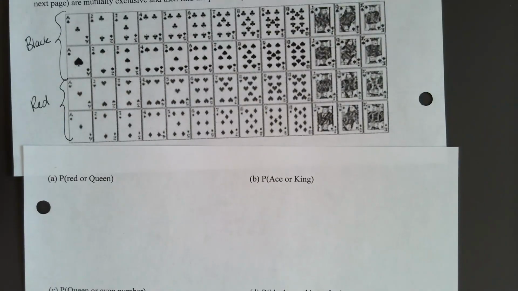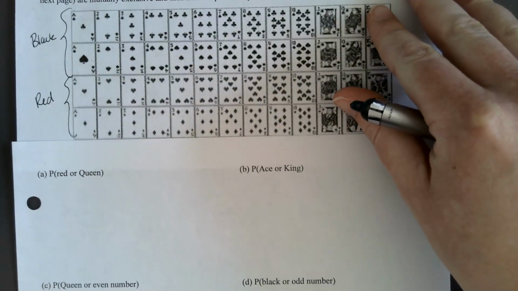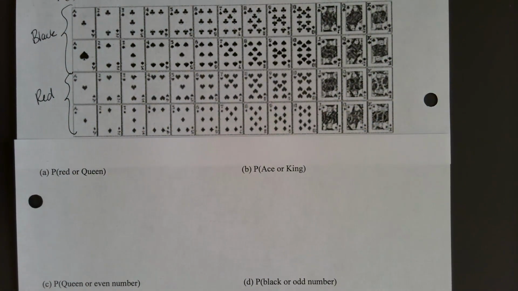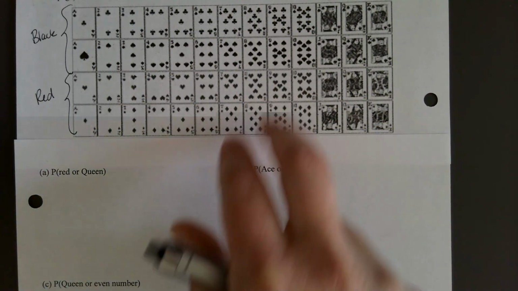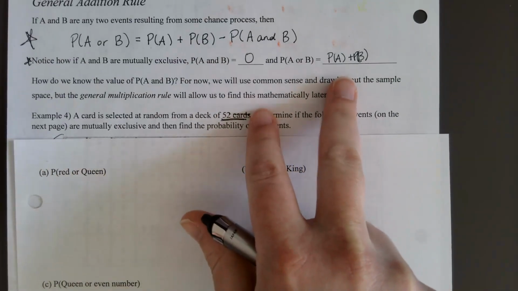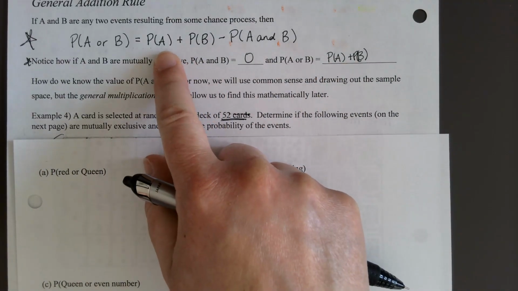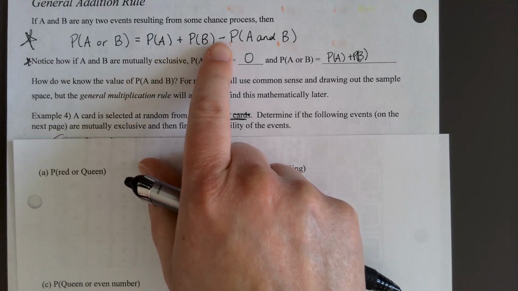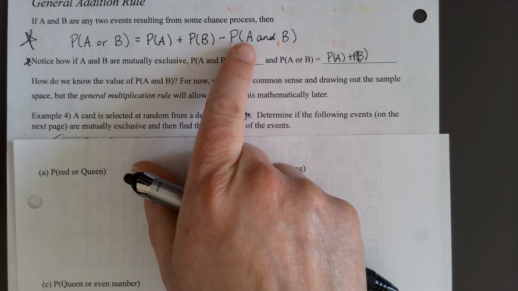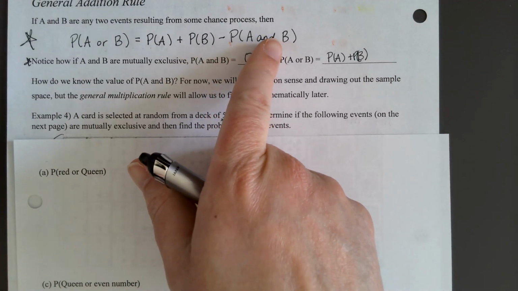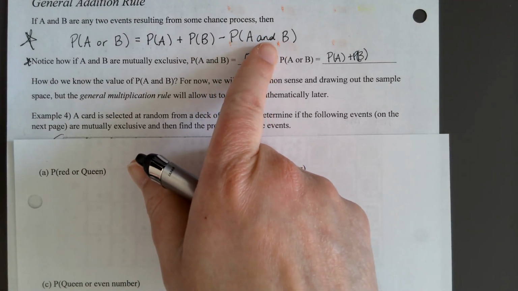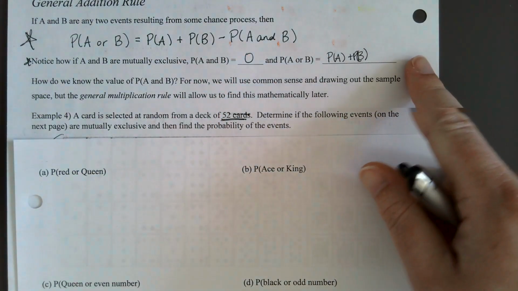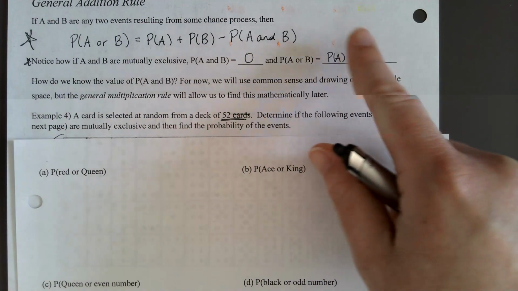So when we're looking at the probability that we have a red or a queen, just keep in mind that we're taking a look at the probability that we're going to have a red plus the probability that we're going to have a queen minus the probability that we have a red and a queen. It's the probability that both are occurring. So we need to see if they're mutually exclusive first and then go from there to see if we're going to be subtracting out anything as well.